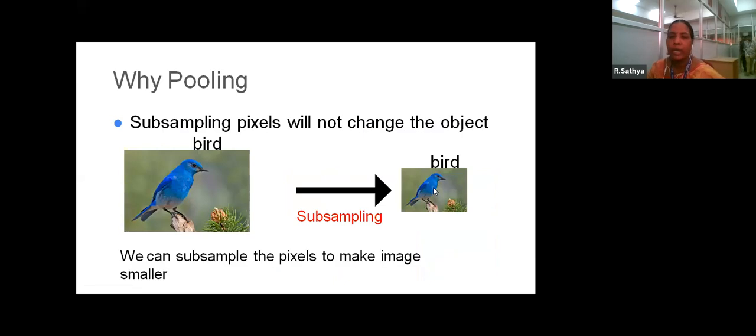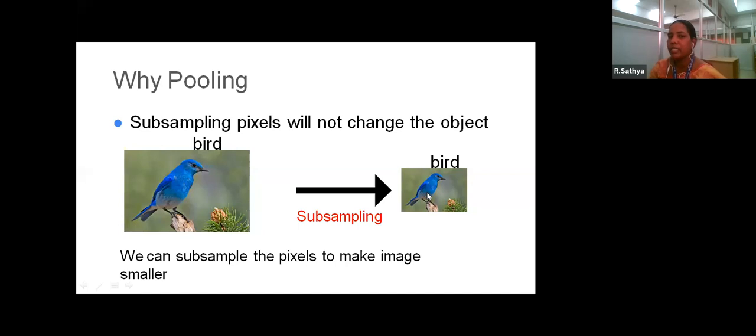And now I'm just subsampling. What is meant by subsampling is I have a larger image, and I don't want that much bigger an image. I just reduce the size of that. This is called subsampling. Even though I am reducing the size, look at it clearly. I am not degrading the quality of the image.